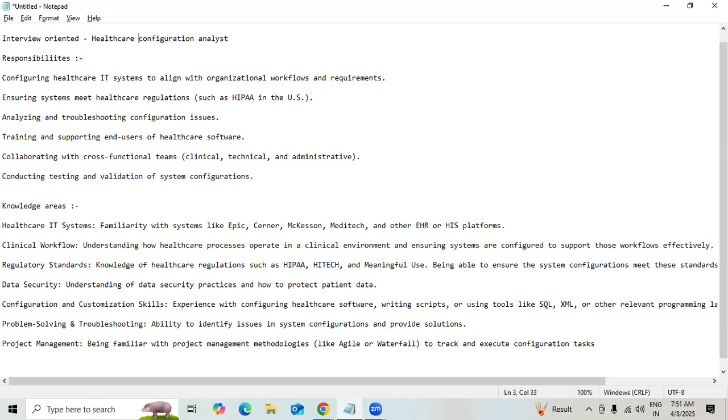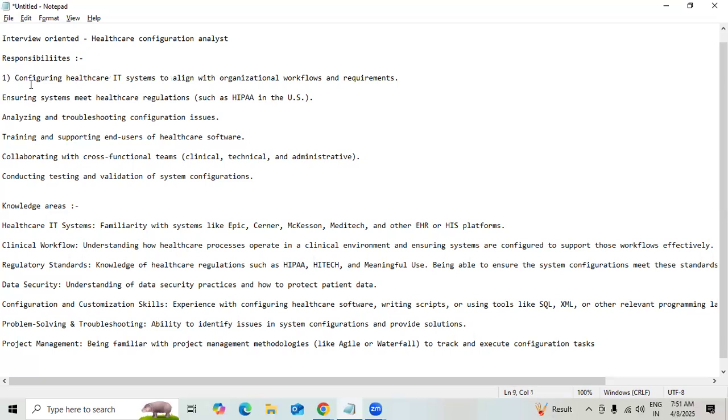Okay, scenario based learning is always important for you, and you will be learning that there. But before that, this is important. So the first responsibility: being a healthcare configuration analyst, we must configure the healthcare systems, aligning them to the organization's workflows and requirements.